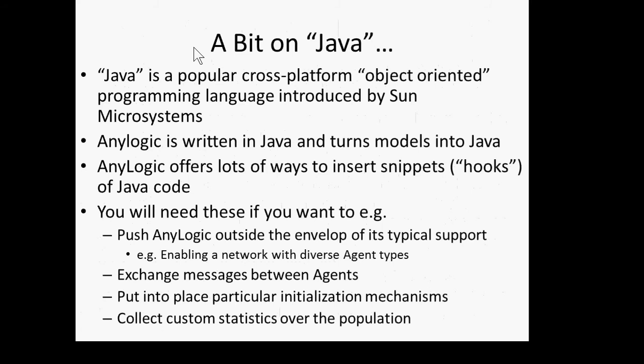cross-platform programming language. It's a language we call object-oriented because it focuses on representing things called objects, which group together the data about them. Think about a person's sex, their ethnicity, for example. It groups together that with information about their behavior. Think about their state charts.